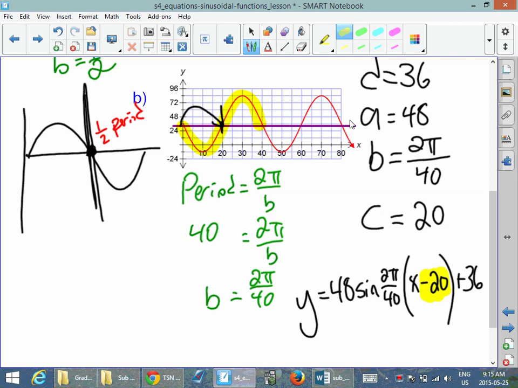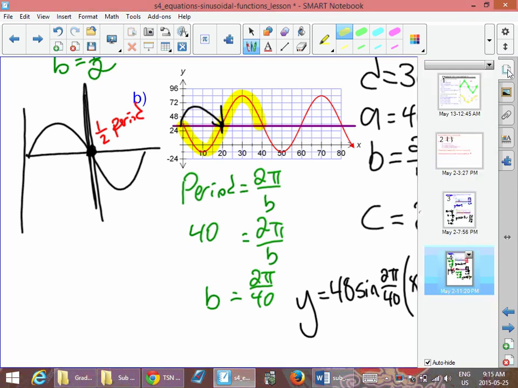So because it starts its normal journey at 20, it's like we move the graph 20 units to the right. So that's why it's x minus 20, not x plus 20. Okay? All right. Now, is that it? That's all? Yes, that's it.